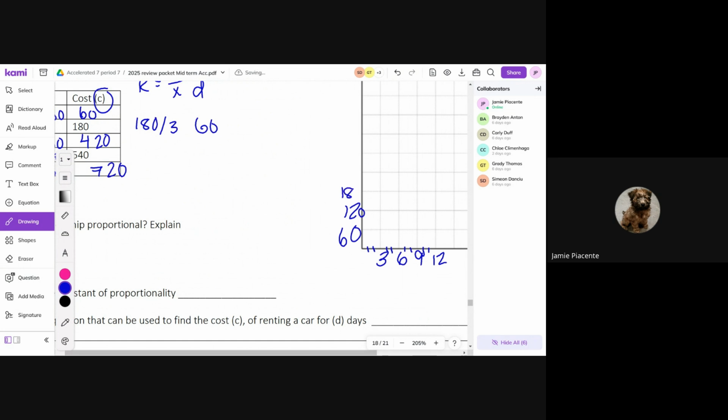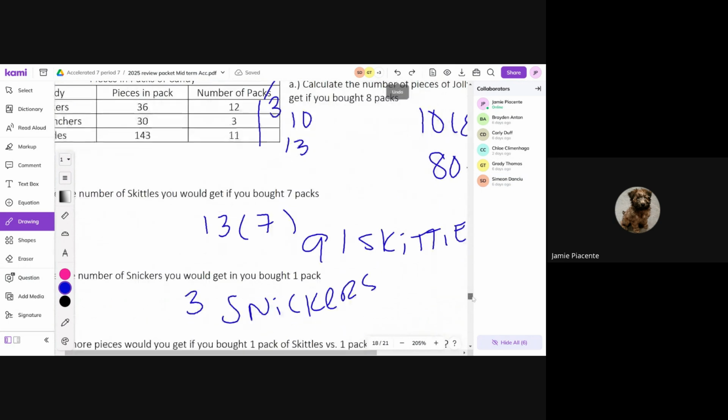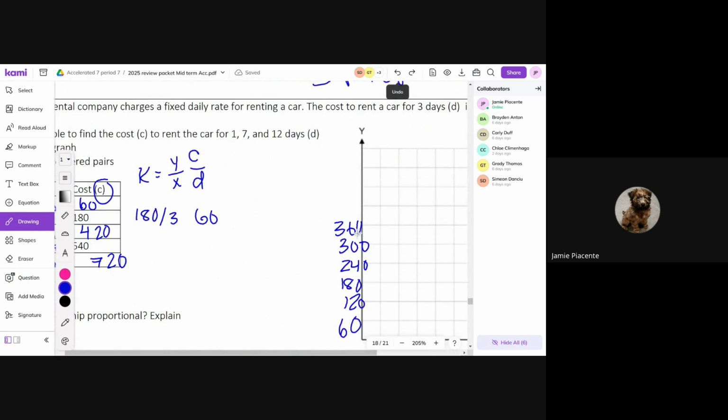Then 6 times 3 is 180. 6 times 4, 240. 6 times 5 is 300. 6 times 6 is 360. 6 times 7, 420. 6 times 8, 480. 6 times 9, 540. 6 times 10, 600. 6 times 11.